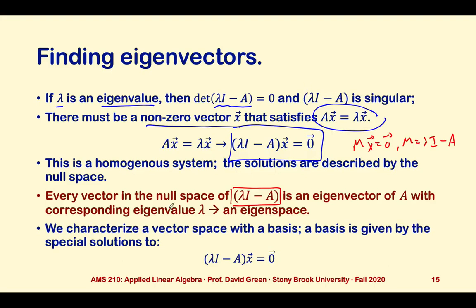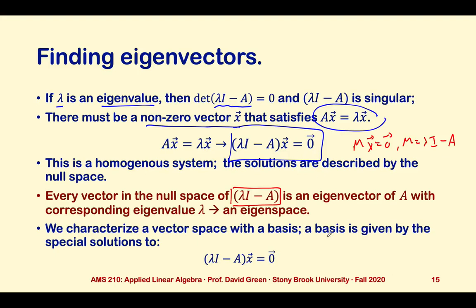And so we might look for a basis for this eigenspace. How do we do this? How do we find linearly independent eigenvectors for this eigenvalue? Nothing new. All we're trying to do is to find a basis for the null space of a matrix. Such a basis is given by the special solutions to the homogeneous system.